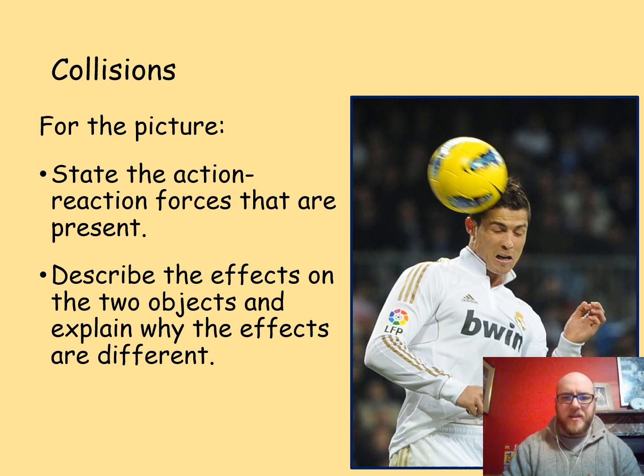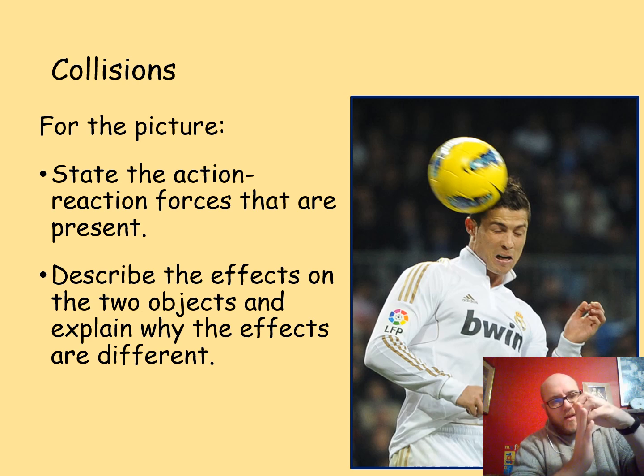So the effects on the objects are going to be vastly different because Cristiano Ronaldo is a well-built, tall gentleman, and that ball is very much less massive. So the same force is going to be applied onto Cristiano Ronaldo's head. I mean, this is why it stings when a ball hits you.